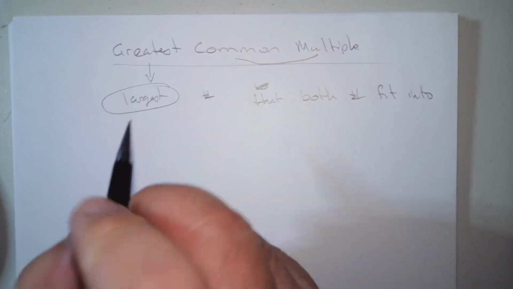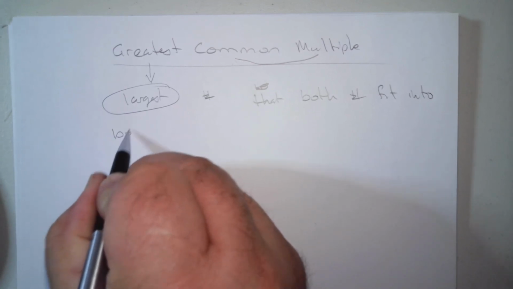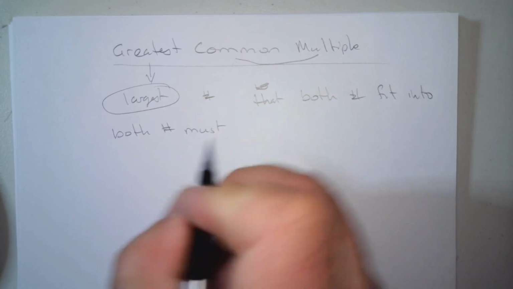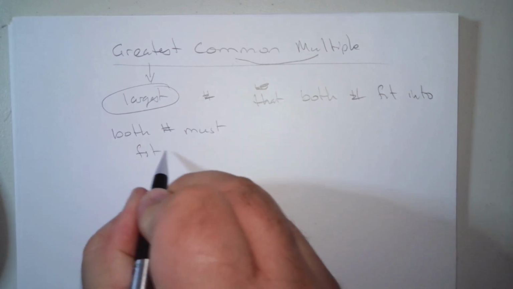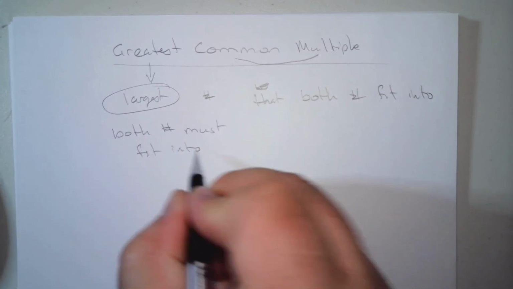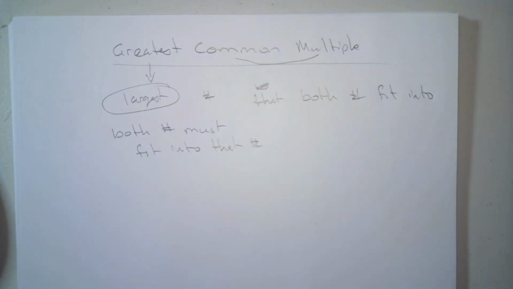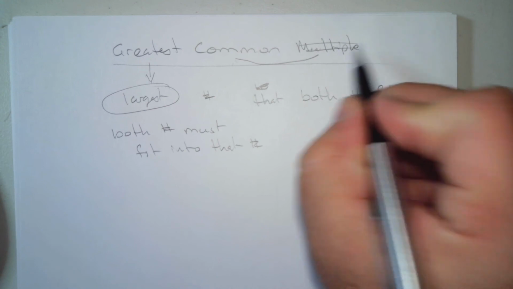The reason you call it the greatest is because both numbers must fit into that number. All right, good. Divisor.